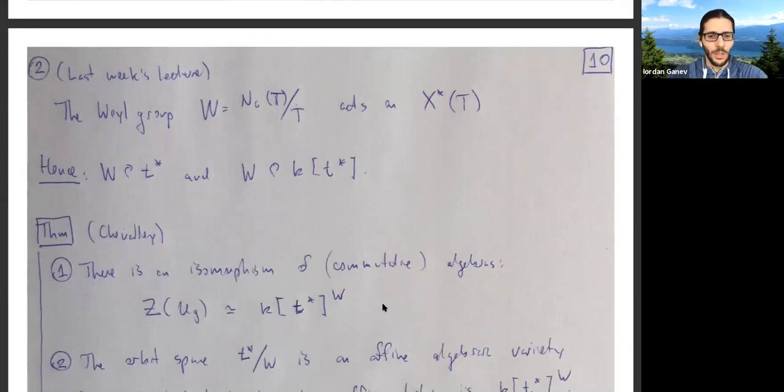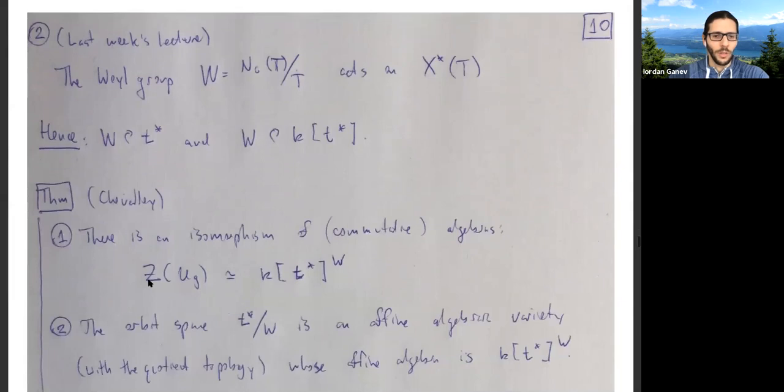So first of all, there's an isomorphism of algebras. The center of the universal enveloping algebra is isomorphic to the W-invariant functions on the dual of the Lie algebra of the torus. So this affine algebra has a W action, and it is like an infinite dimensional W representation.